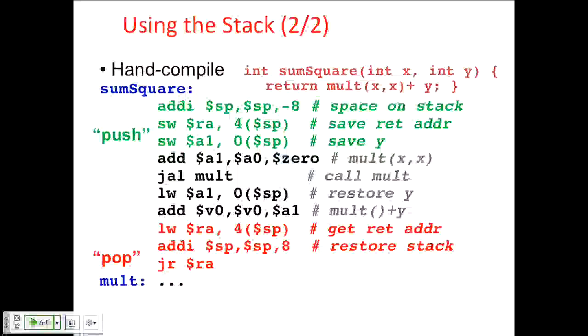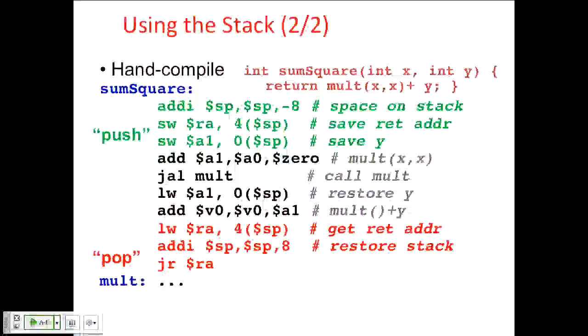So when I get back to wherever, for example here where I call multiply, this jump and link will write RA with a return address. Whatever it does over here, when it comes back to this point, RA will have the same value at the load word as it had at the jump and link. But the reason it does is that the code at the other side saved and restored it.